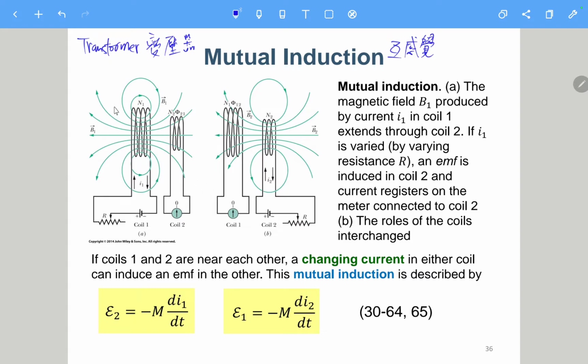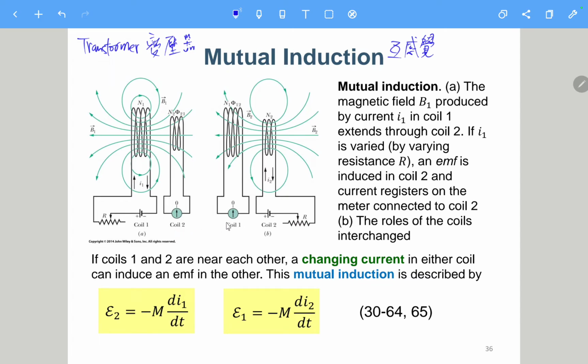Okay, so as it generates the B field, if this B field is changing, then the magnetic flux through the other coil will be changing. It will generate some induced EMF and induced current. The second coil is closed, but without any battery or other EMF.